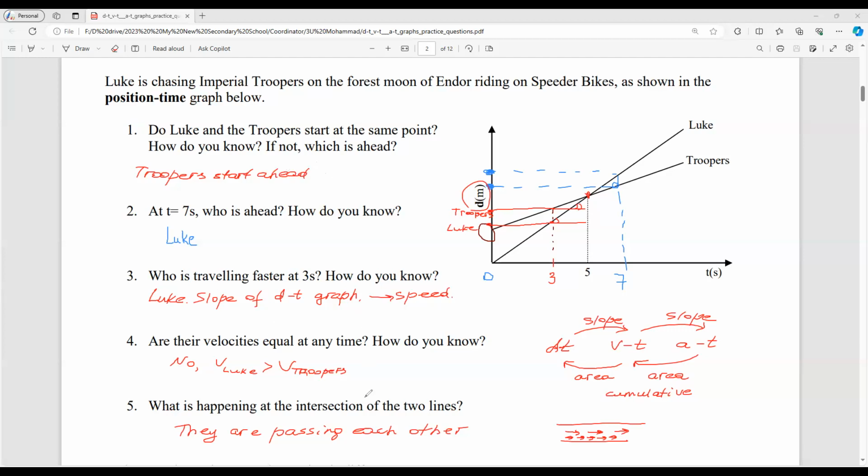Yes, so think about the next one. Okay, I'm trying to move the page. I don't know if it's possible or not.